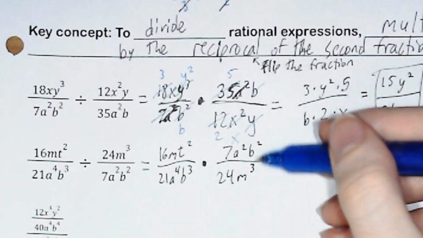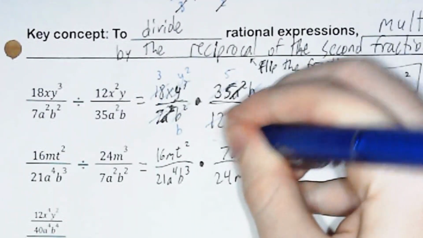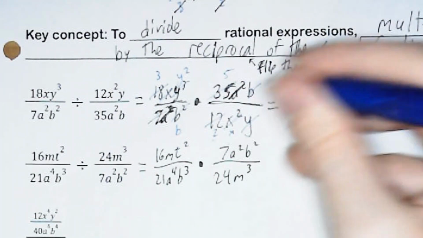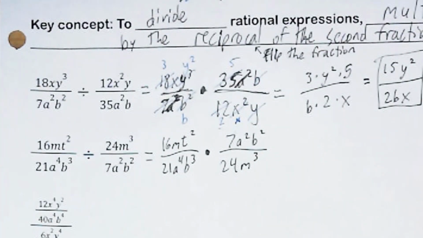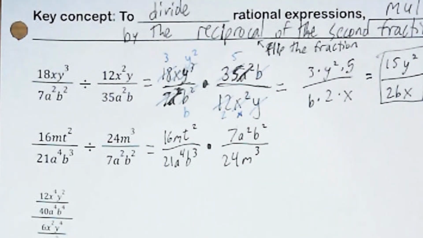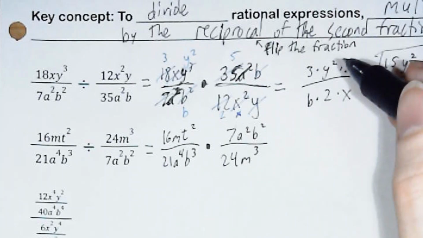Okay, now I want you to take a second, reduce this. I'm going to get some things out of the way so that we have a little bit more space to work with. Alright, I'm assuming you've worked this out, so if you haven't, please pause the video now.